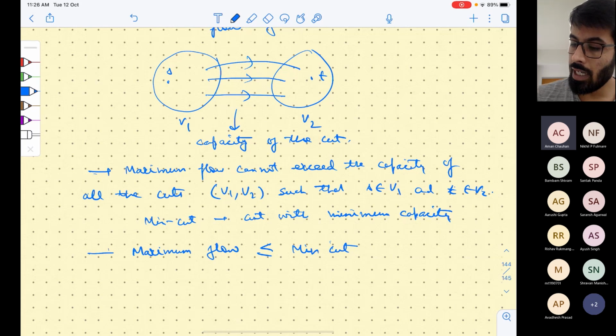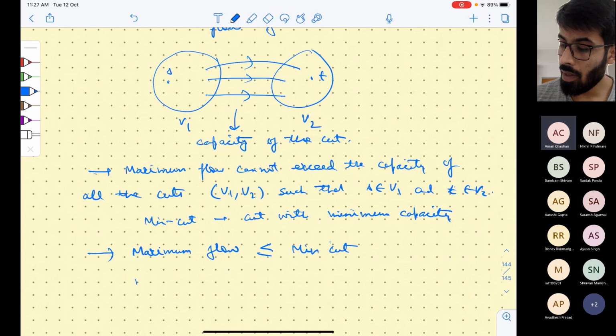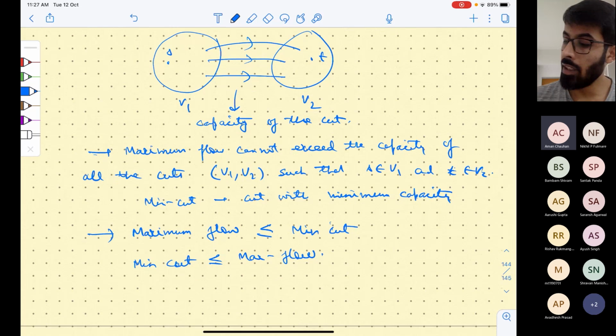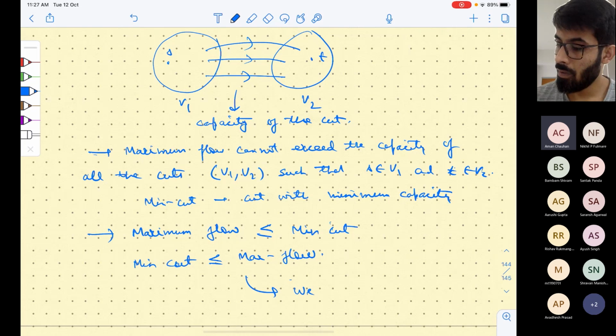This is slightly easy to see, but what we'll say is that actually these two are equal, that min cut is also max flow, and hence they'll turn out to be equal. We'll see how this equality holds in the course of the next two lectures.